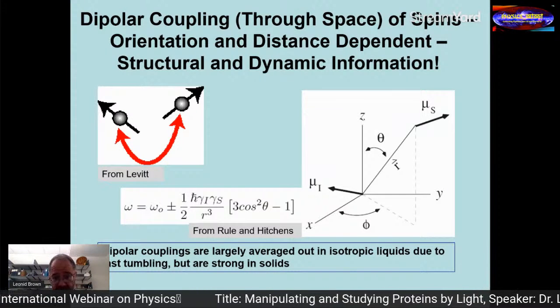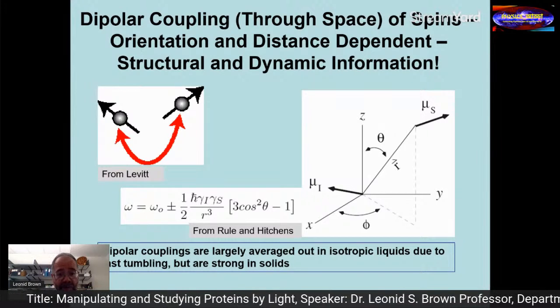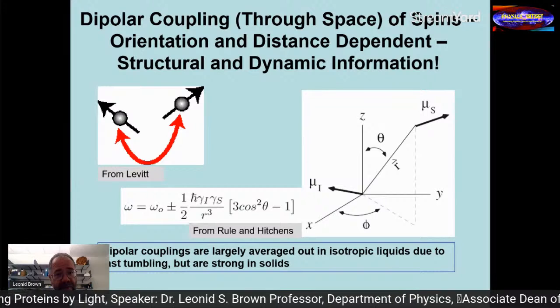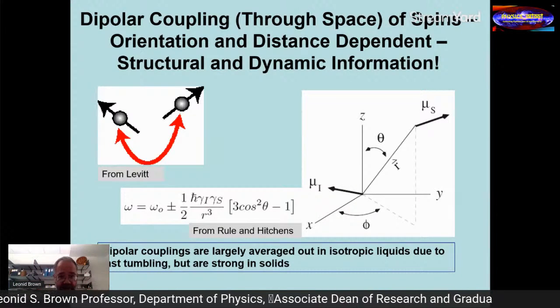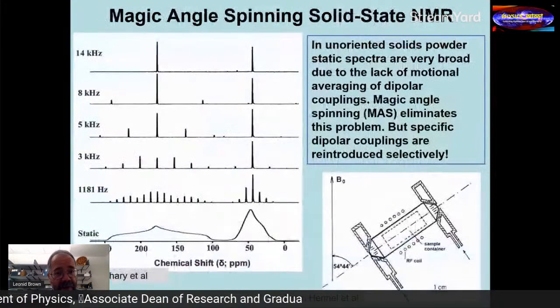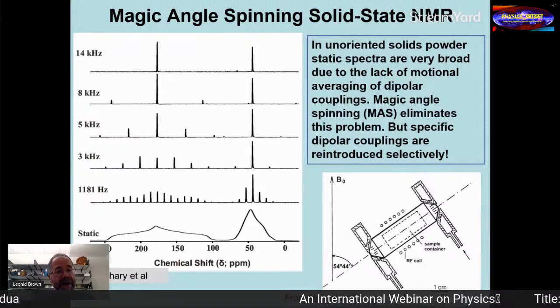But in solids, they do not tumble. So you would think your spectra will be very broad and messy because there are all kinds of orientations present in your solid powder samples, and you will not be able to see anything. This is true. If you look at static spectra of powders, they are very broad.